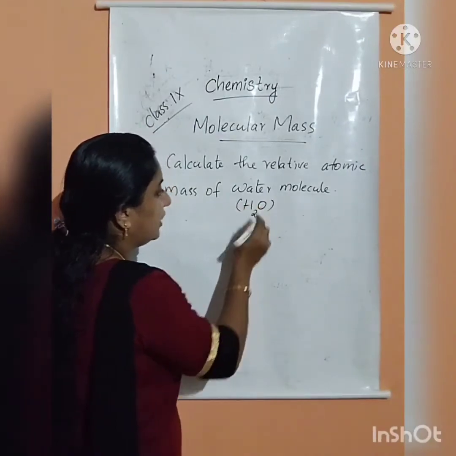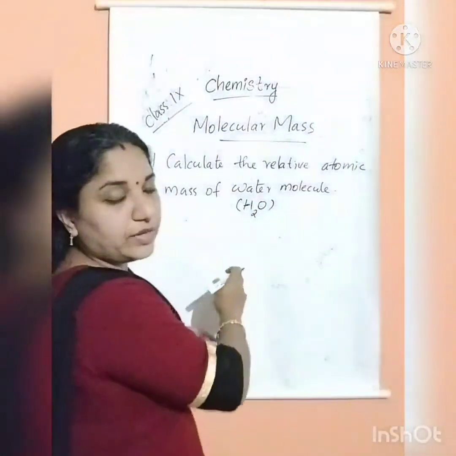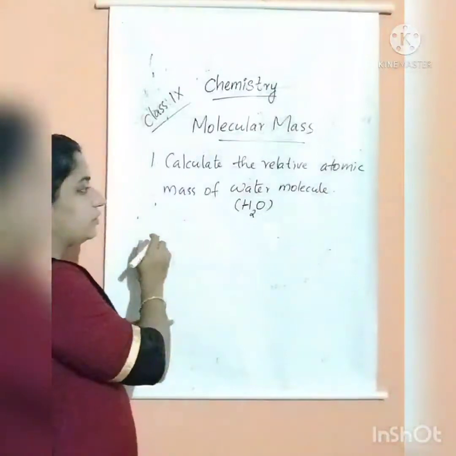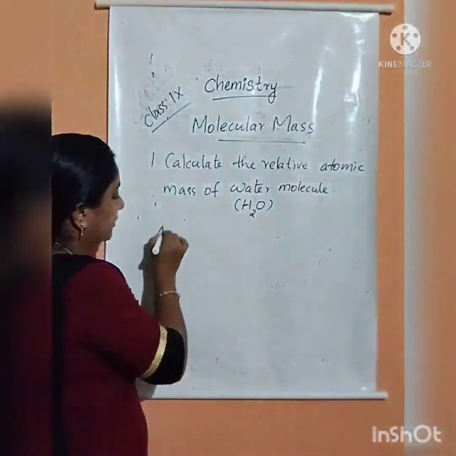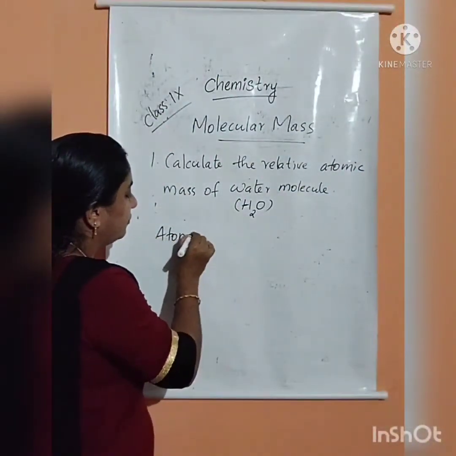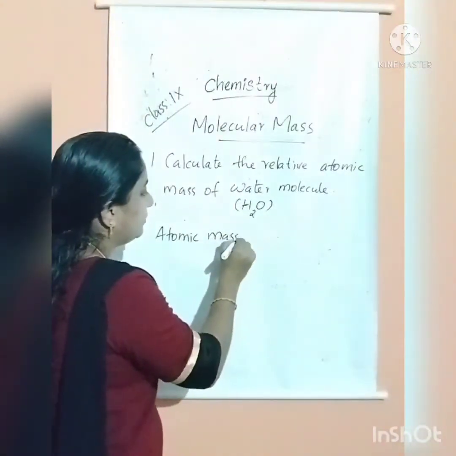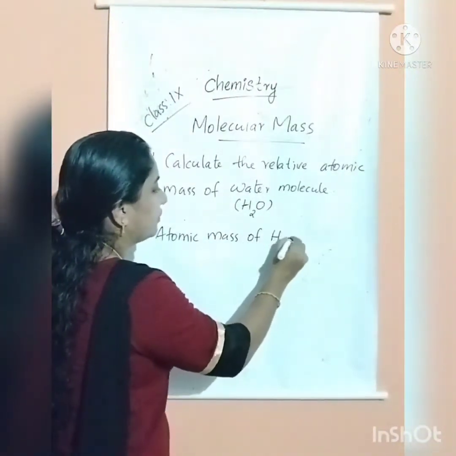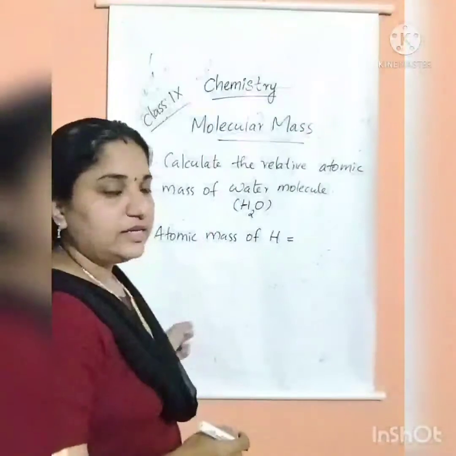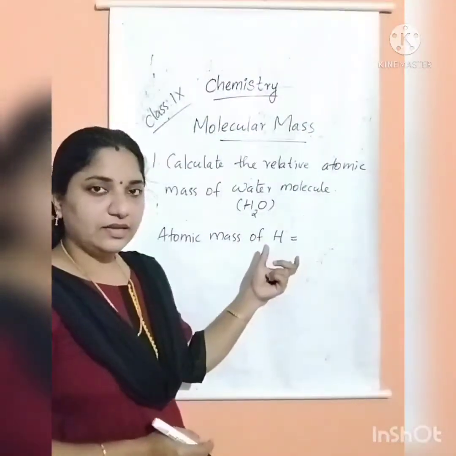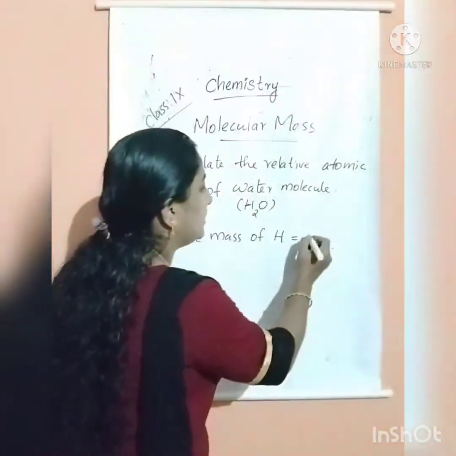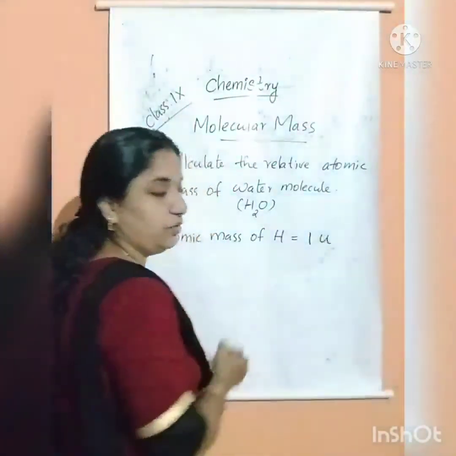Its chemical formula is H2O. Then what is the first step? First we will write the atomic mass of hydrogen, that we already know. Yes, the atomic mass of hydrogen is 1 atomic mass unit.